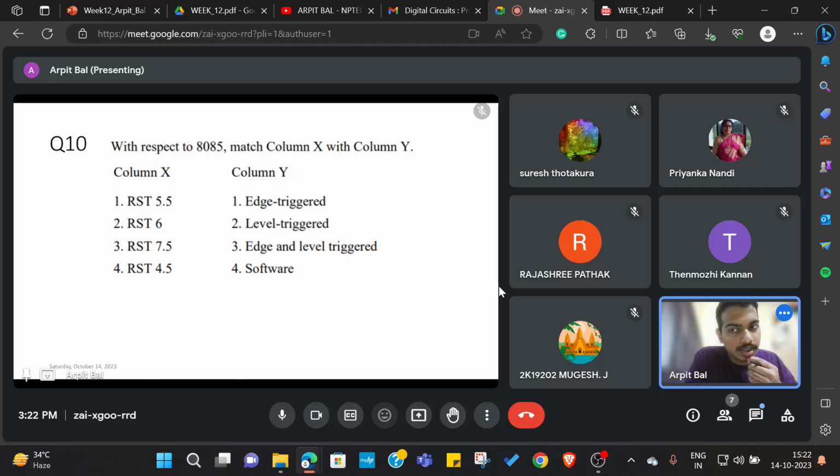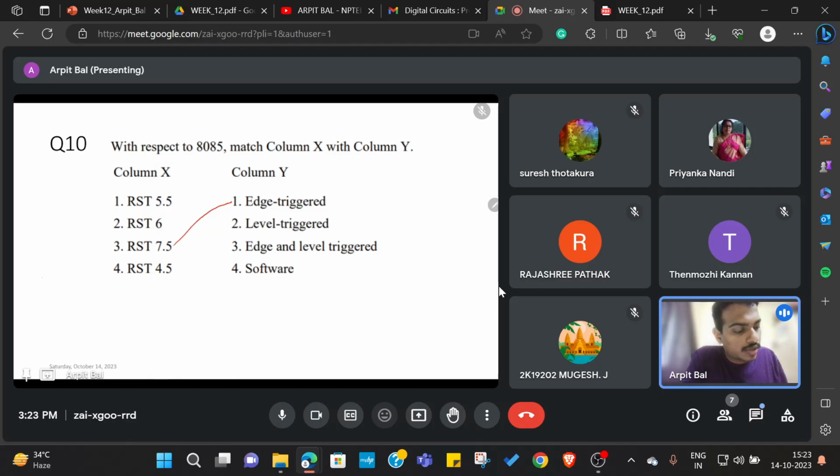Is it level triggered or edge triggered? It is edge triggered. Correct. So RST 7.5 is edge triggered.